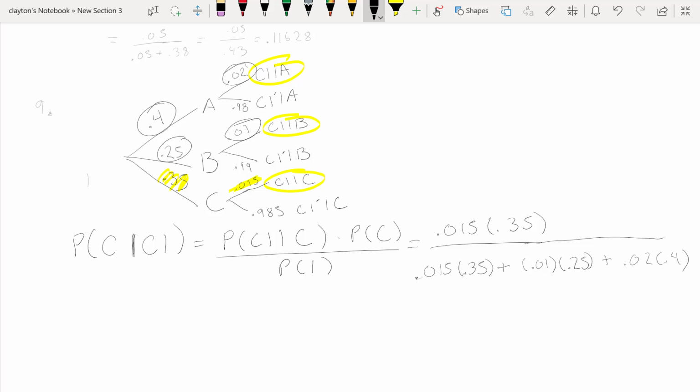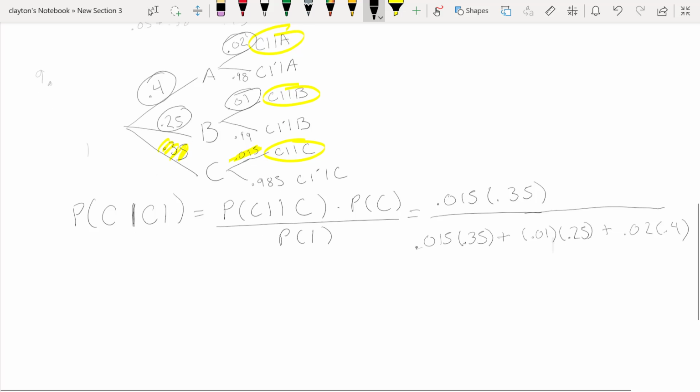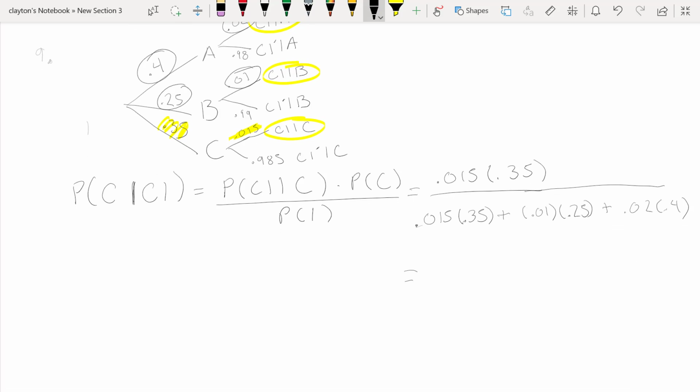So let's go ahead. Our numerator should be 0.015 times 0.35. We have a very small number. Yeah, right, we end up having to do the old trick of add one and then see what the decimal is.